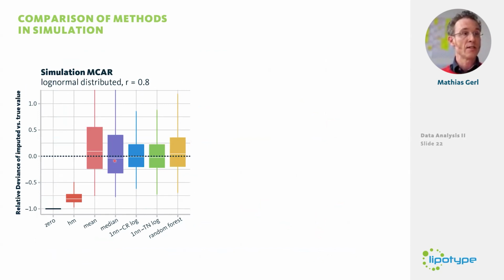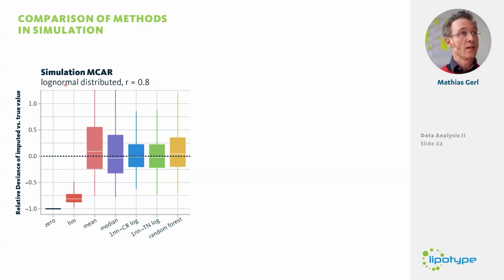What you notice is that median and mean actually perform quite well. They center around 0. There's random forest with a bit of a narrower distribution. 0 and half minimum are far off. By definition, 0 is like 100% off, and the half minimum is also quite off.